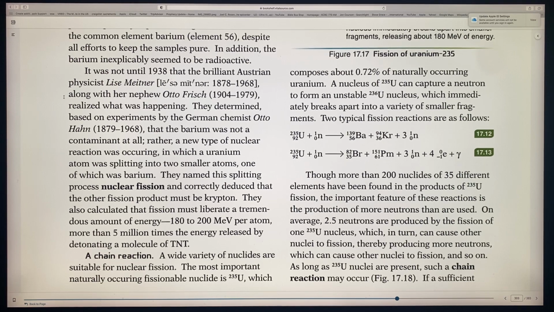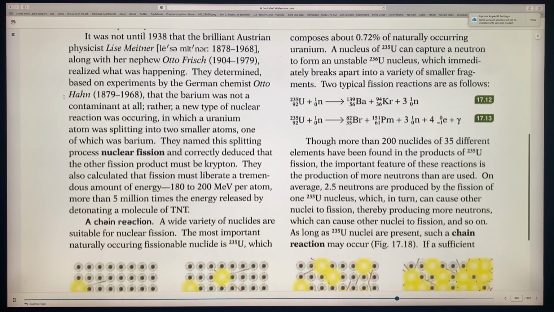In fact, 180 to 200 mega electron volts per atom. That's more than 5 million times the energy released by a TNT molecule. A huge amount, with this chain reaction that would happen.